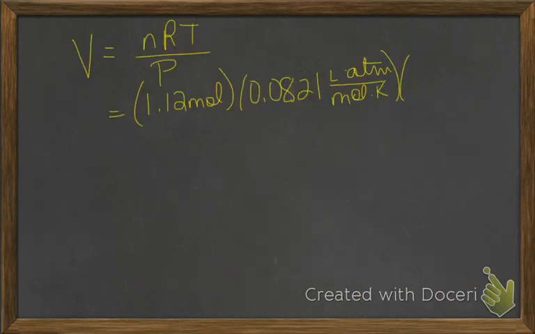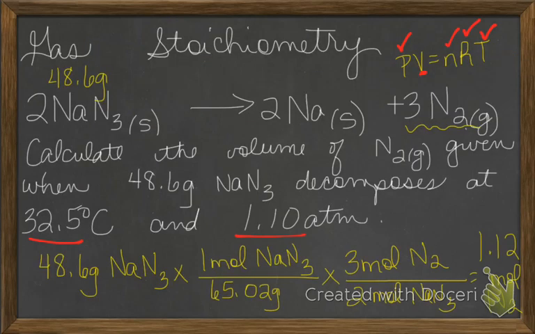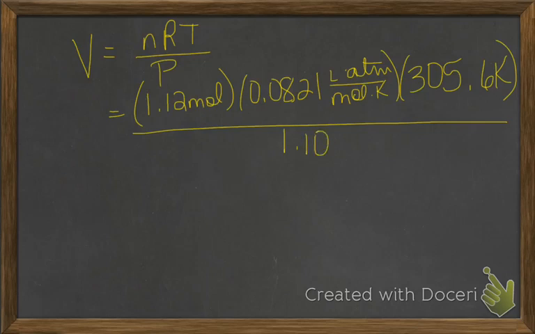I've got to be sure and convert that to Kelvin, so I add 273.15. My pressure was 1.10 atmospheres. And so I know that this will produce 25.5 liters of nitrogen gas.